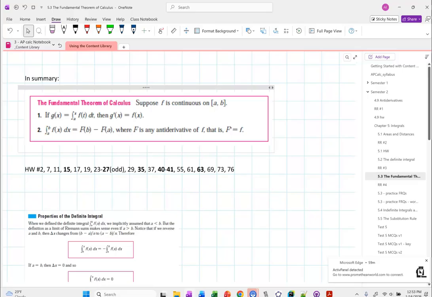Okay? As an aside, total enrichment idea. When we built the mechanics to do our integral, we built our rectangles from the x-axis, right? We built those rectangles under the curve, right? That's called a Riemann integral.